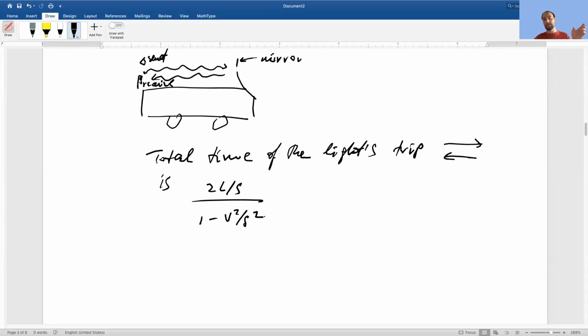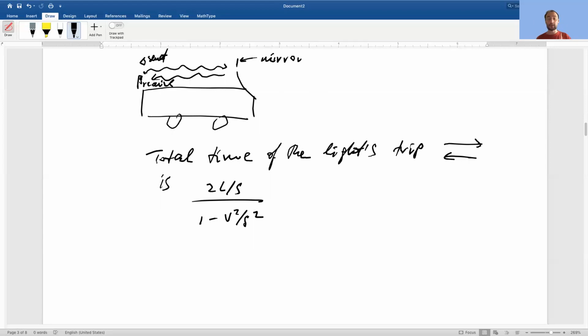You add up one expression plus the other, one with S minus V, the other with S plus V. You bring it to a common denominator, you clean it up, and then you can see that it's like that. Okay, so that's the time of the trip there and back.